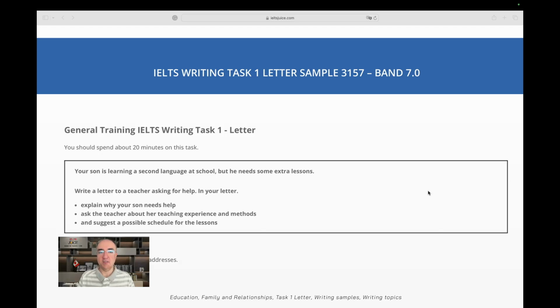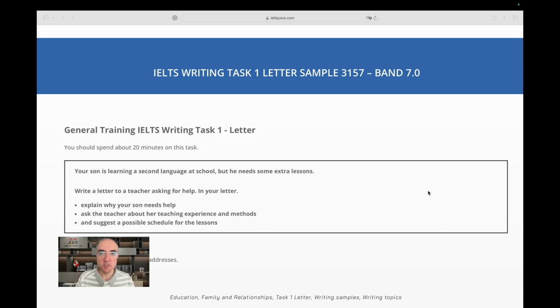All right. Now, what I understand, we have a son who is learning a second language. We don't know what that second language is. And this student, our son, needs some extra lessons.